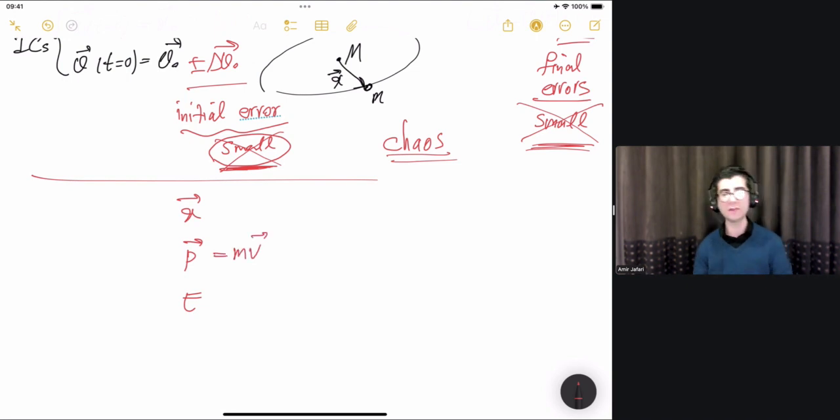I'm going to use momentum because it's more common in classical mechanics, in Lagrangian mechanics, Hamiltonian formalism, and also in quantum mechanics. But it's the same thing, velocity, momentum, the difference is just the mass of the particle. And energy is a scalar, x and p are vectors, but these are variables. You can measure them. But it turns out that in the subatomic world, this is kind of tricky.